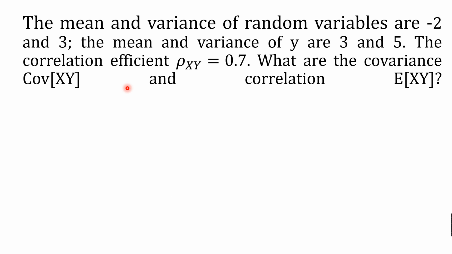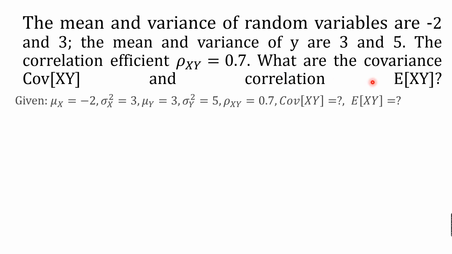Let us consider the next problem. The mean and variance of random variable x are -2 and 3. Mean and variance of y are 3 and 5. The correlation coefficient is 0.7. What are the covariance and correlation? Alright, write down the given parameters.